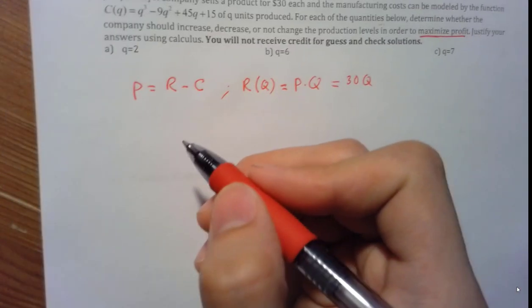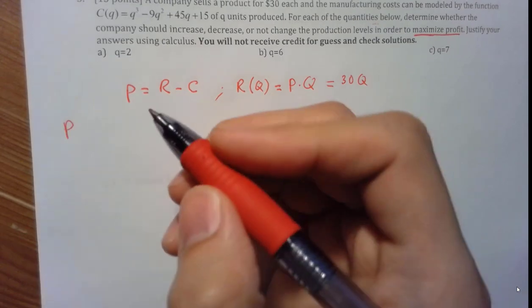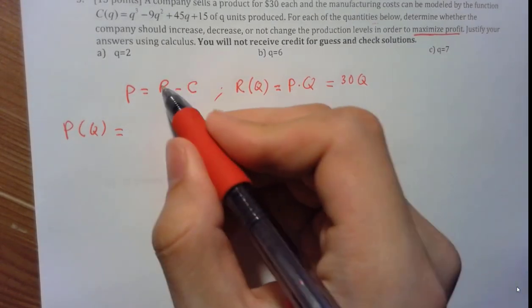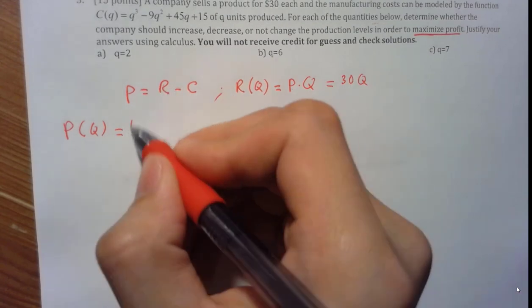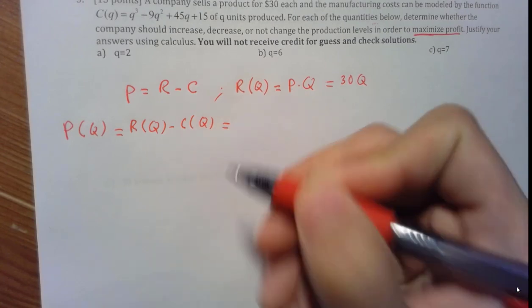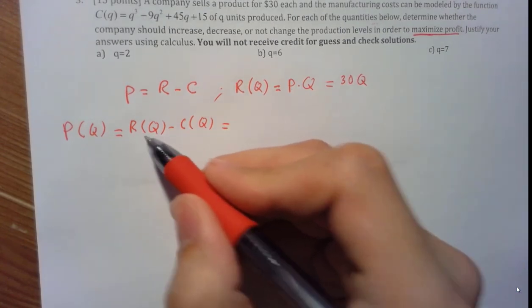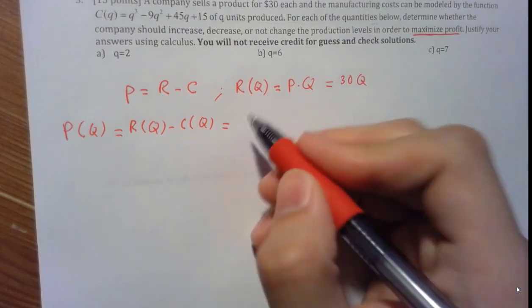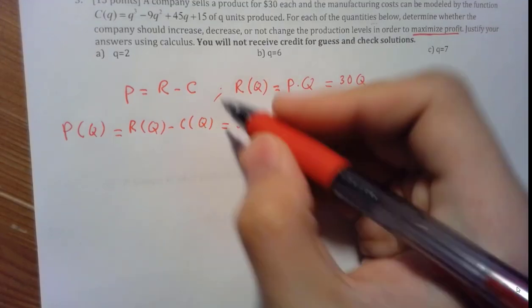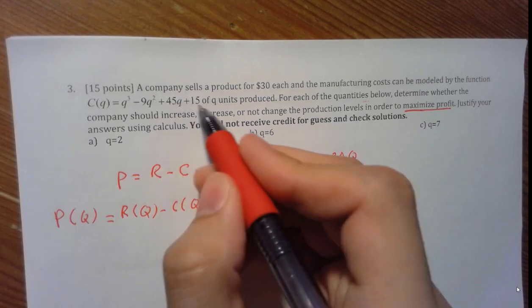Now we can find the profit function. The profit P of Q equals R of Q minus C of Q. R of Q is right here, 30Q, minus C of Q, which is given right here.